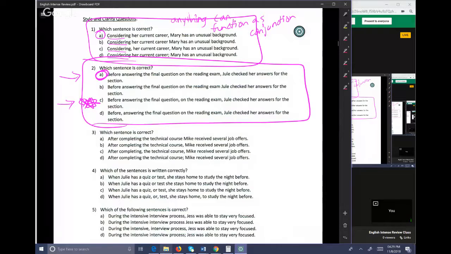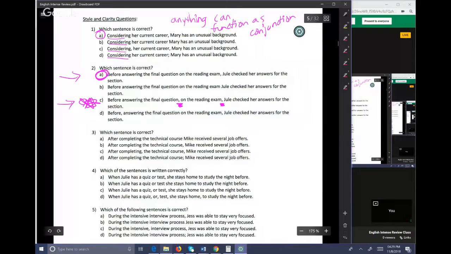They're not going to try to test whether you can point out that this could or could not be extraneous, because that's not their goal in one of these questions. So unless something is definitely extraneous, definitely needs to be separated out in order for it to make sense, you don't have to be focused on that concept. All you need as far as extraneous commas is just to be aware of what they are and why they exist and what they do, so that you can keep an eye out.